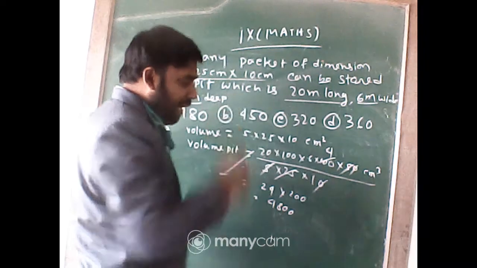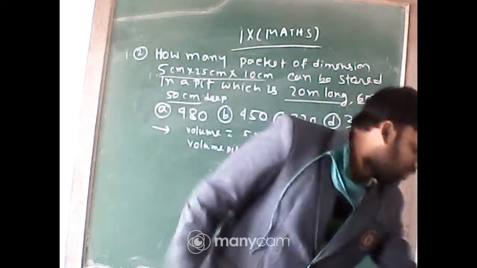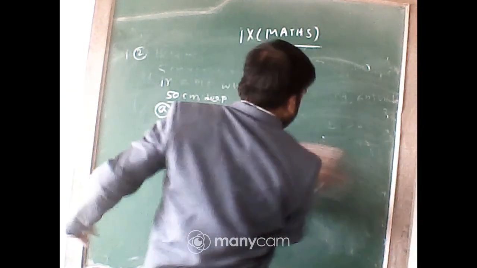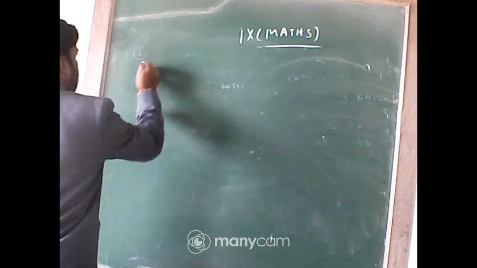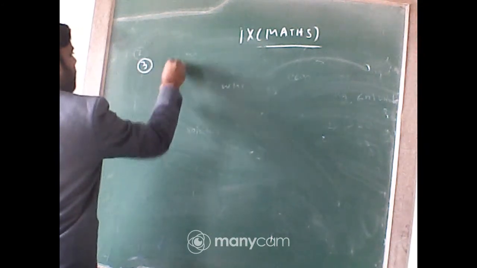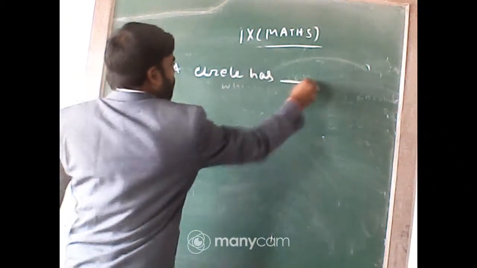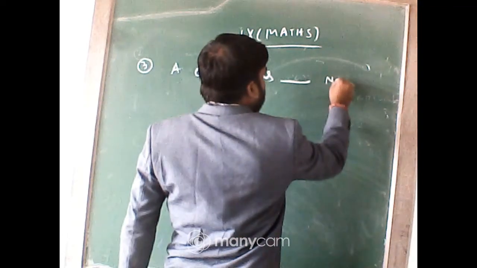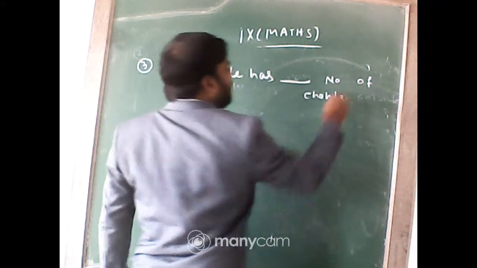Next, third question as well as last question. A circle has dash number of chords. Okay, this time I will not give you the option.